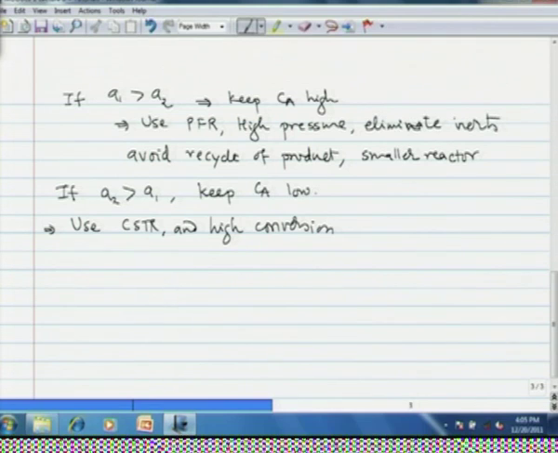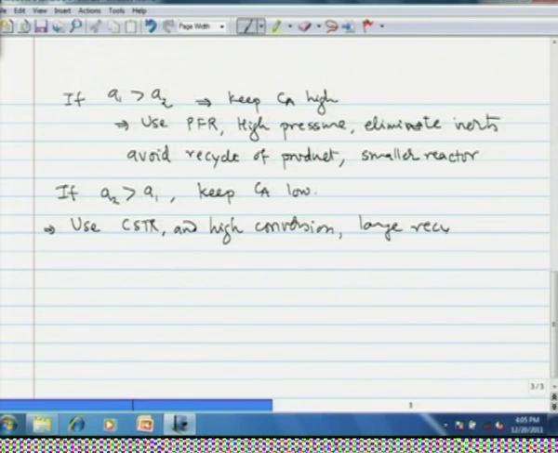Okay. Then you can decrease the partial pressure or concentration of the limiting reactant by large recycle of product.